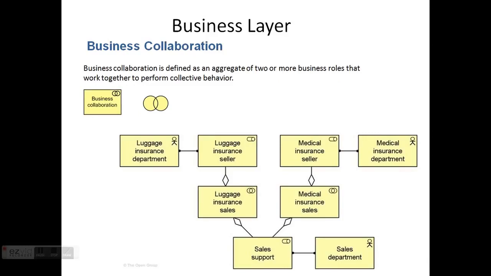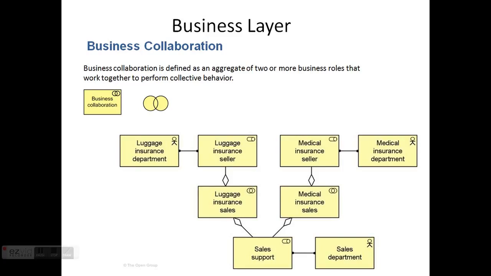The other entity in the business layer is the business collaboration. A business process or function may be interpreted as the internal behavior assigned to a single business role. In some cases, behavior is the collective effort of more than one business role.